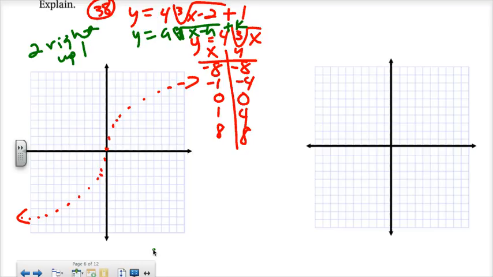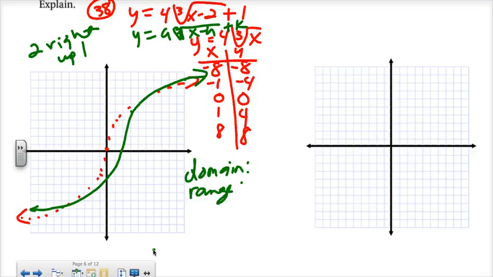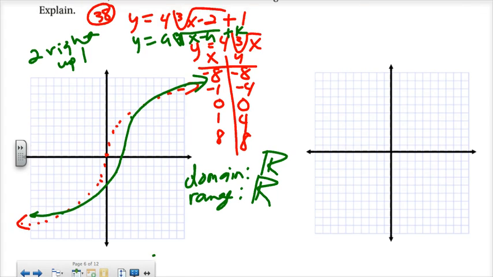So each of those 5 points I just graphed, 2 to the right and up 1, which gives me this graph right here. And then they did want us to find domain and range. But for these, that's always kind of silly because any cube roots are going to be all real numbers. And that's going to be our domain and range.